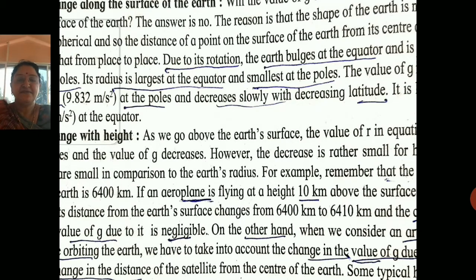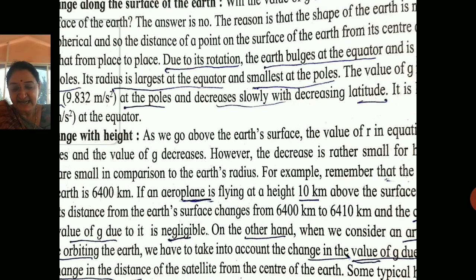Now we consider the first condition, that is variation in the value of g along the surface of earth. As we know, earth bulges at the equator and it is flatter at the pole. So its radius is largest at the equator and smallest at the pole.